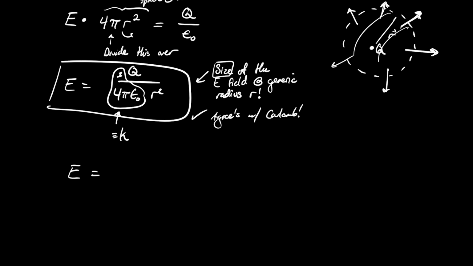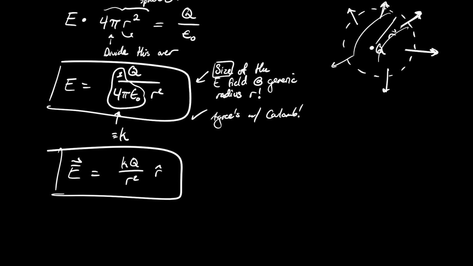Electric field size is kq over r squared. Again, you could write this as 1 over 4 pi epsilon naught if you want. This is the size of the electric field, and if we additionally want to specify the direction, we can put an arrow over the E and write r hat on the right to indicate what direction it points in. And this would be a complete 100% answer on a test.